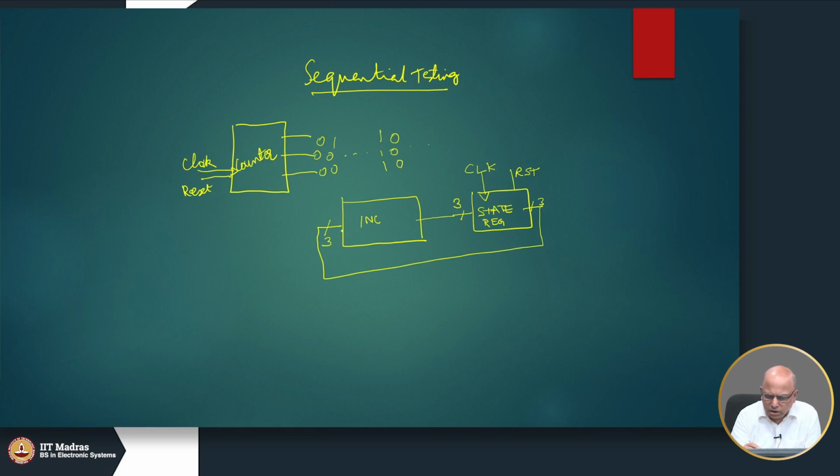So, we call these x and y. y is the sum of x and the value 1, and the y value is loaded into the state register.